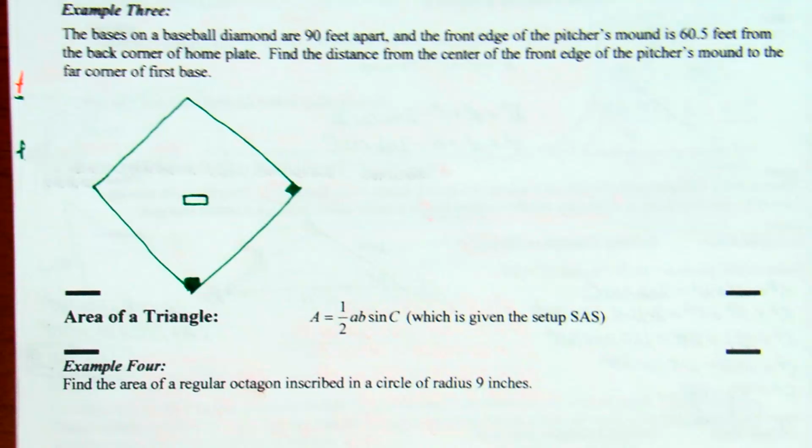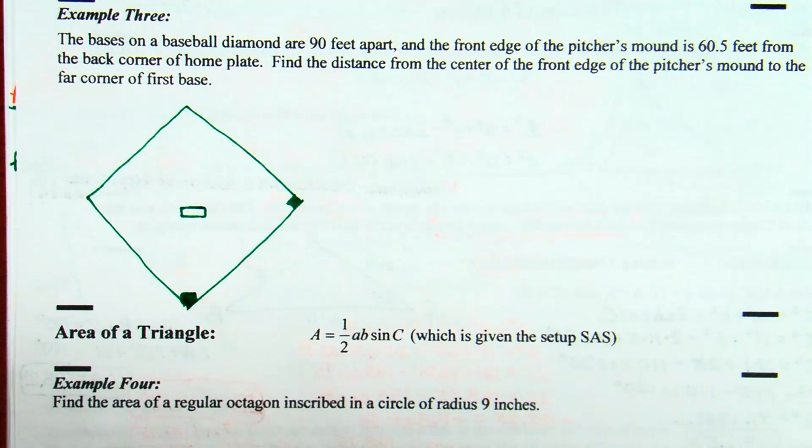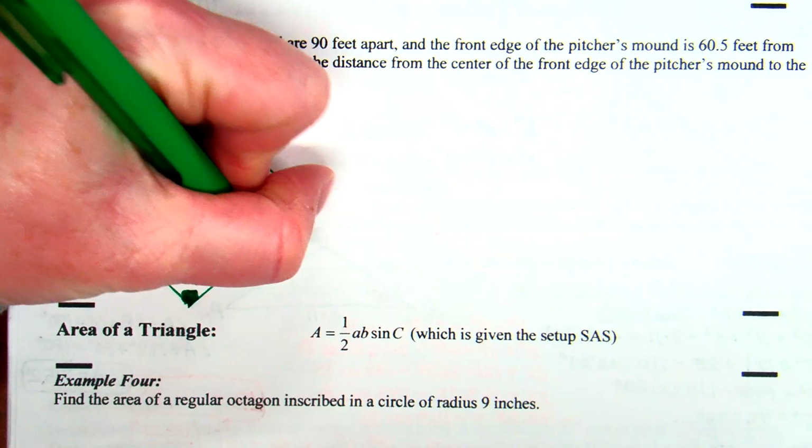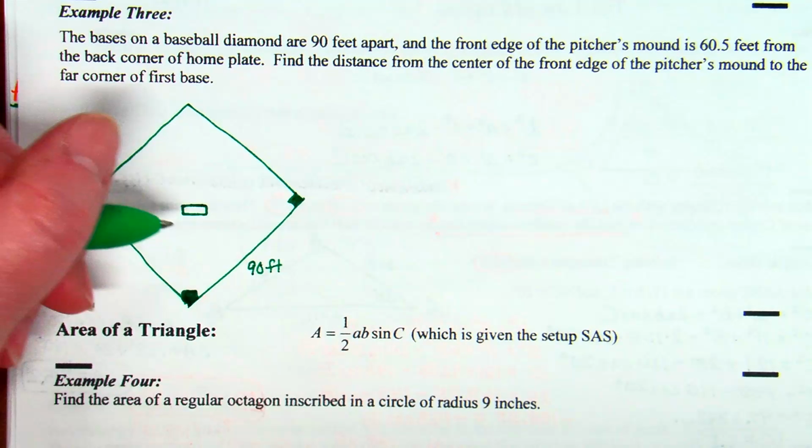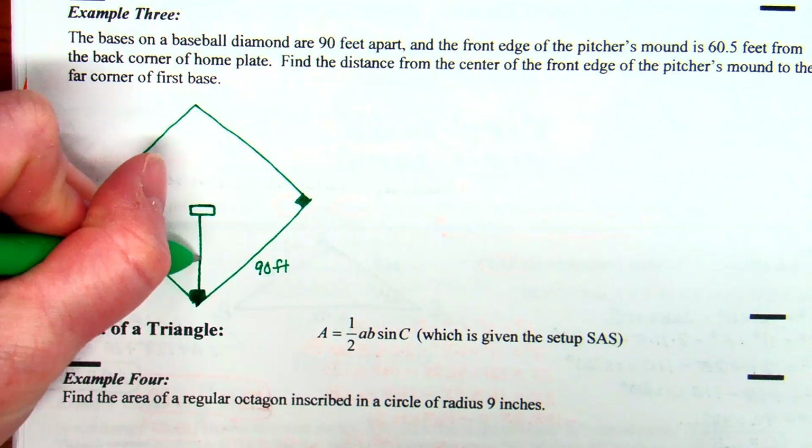Now, it specifically says the bases on a baseball diamond are 90 feet apart. So that means the distance from home to first is 90 feet. The front edge of the pitcher's mound is 60.5 feet from the back corner of home plate. So that means this distance right here, right, is 60.5 feet.